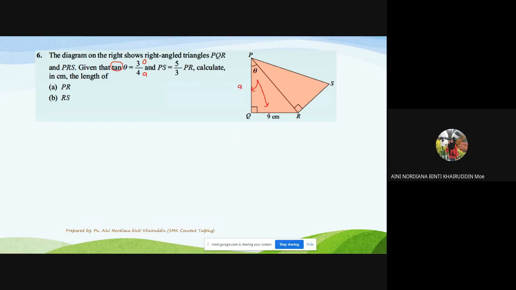So opposite is 9. Adjacent is PQ equals 3 over 4. Then you will get PQ. PQ equals, here you can times 3. So here is 12. So PQ is 12.